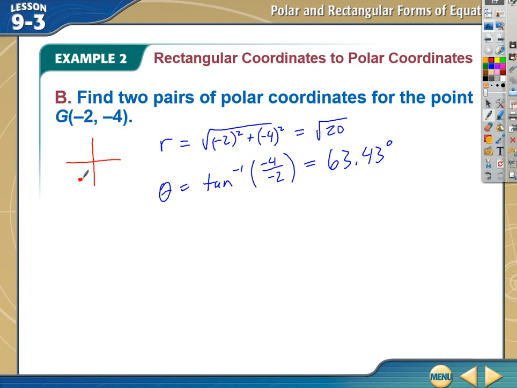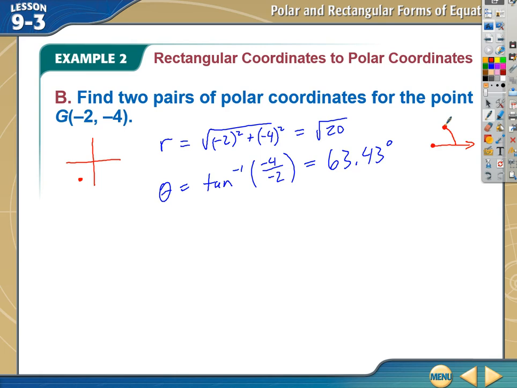Now if I come over here and graph the polar part, so here's my pole, 63.43 degrees, so it's right this way, square root of 20 up here. There's that right there. They're not in the same place.